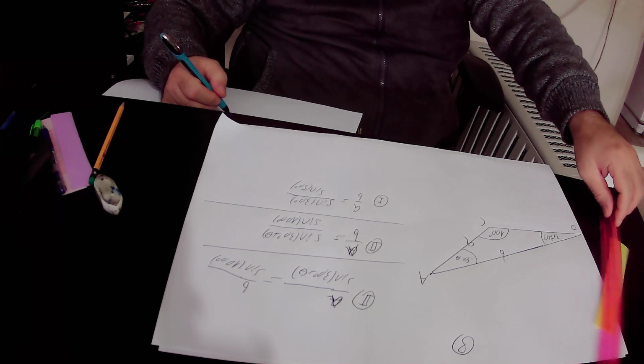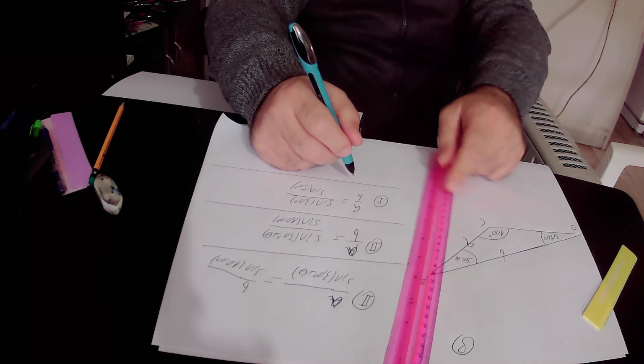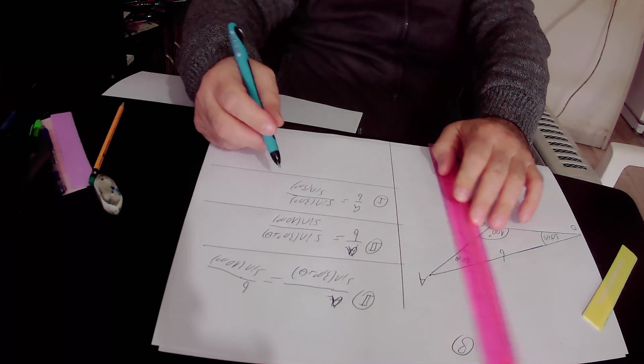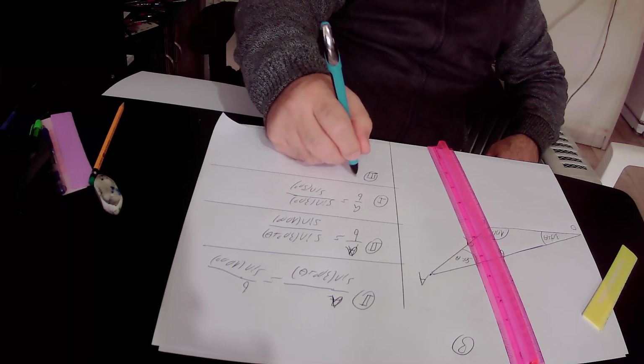So we will create equation number 3 that states that A over B according to equation number 1 equals A over B according to equation number 2.